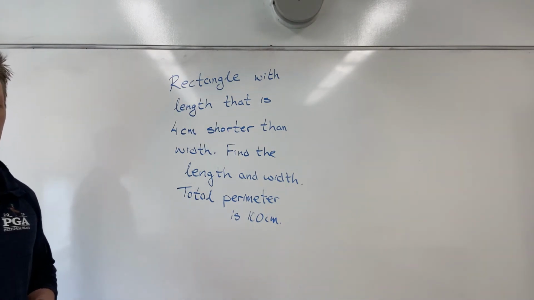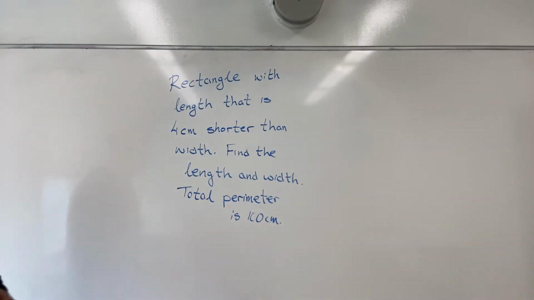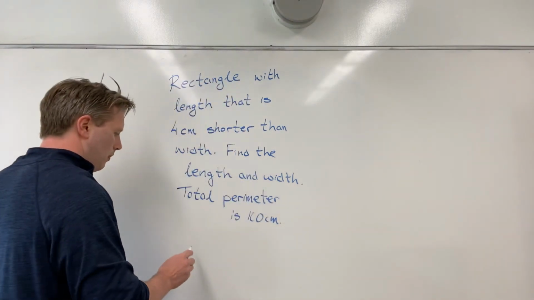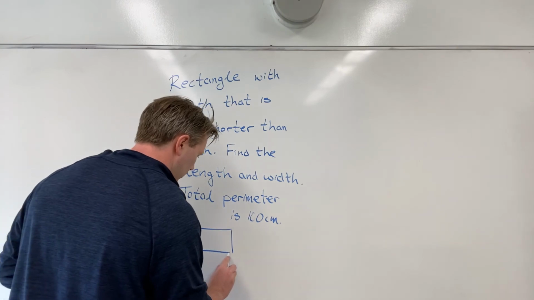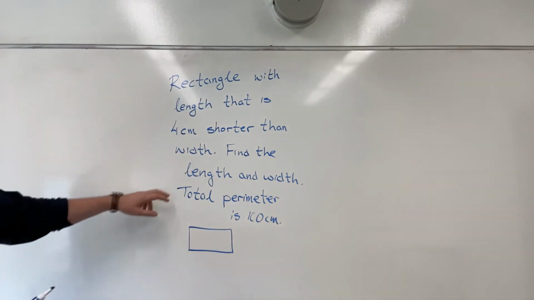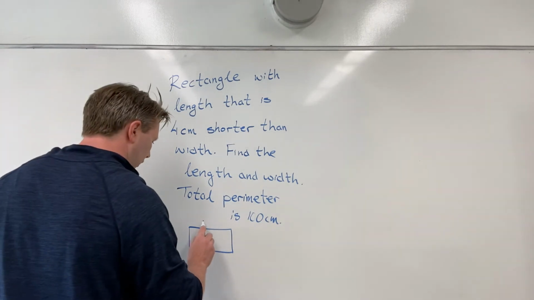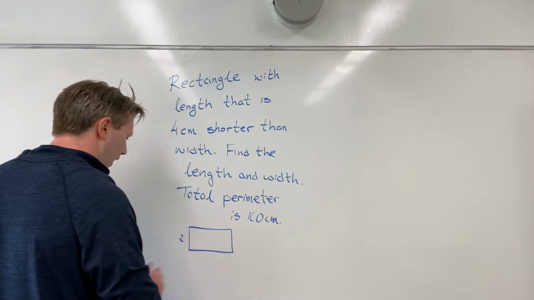So how do we find our length and our width? I'm going to assign a variable to my length and my width. Let's draw the rectangle here. I'll call this the length, so this will be my x.